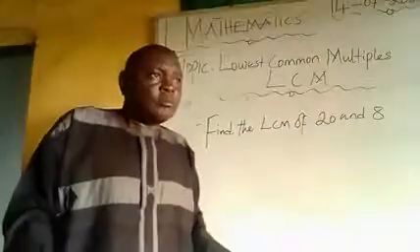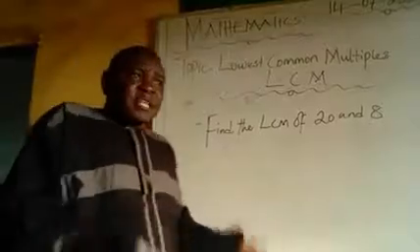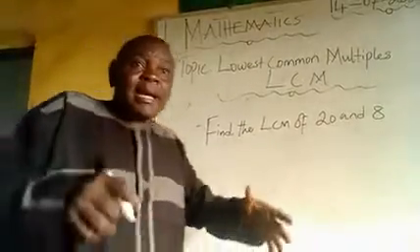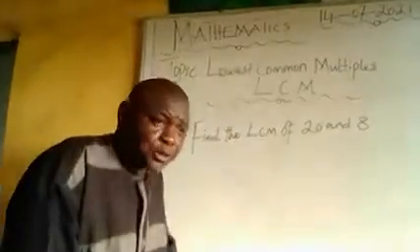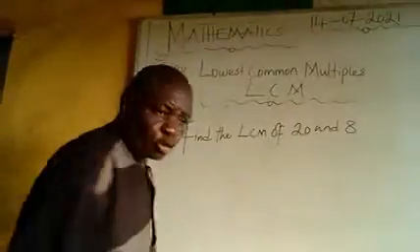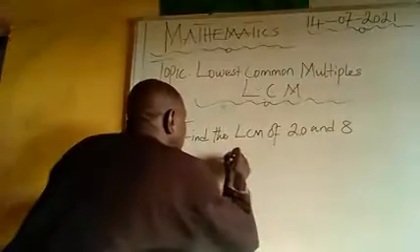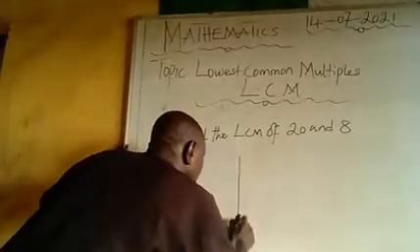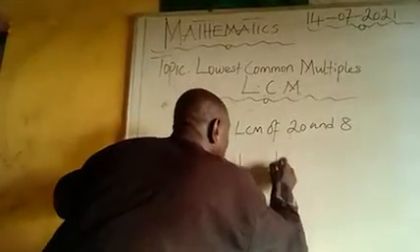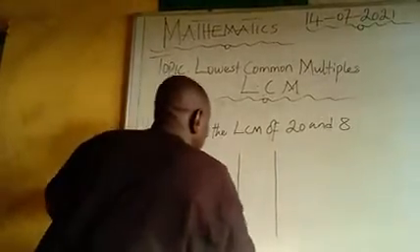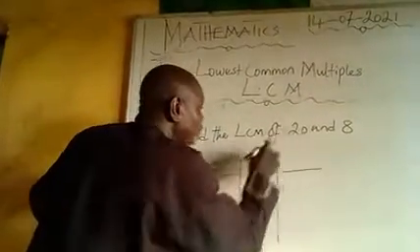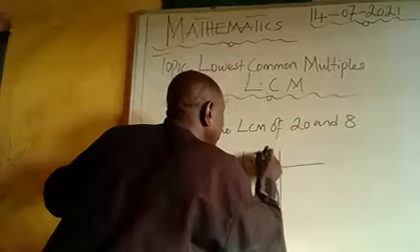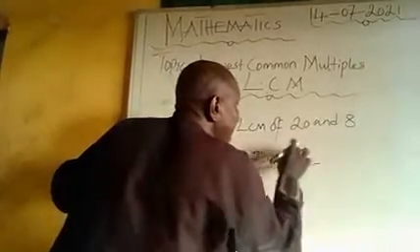When a problem is given, there must be a lasting solution. What should I do? I have to draw a table. I have to write down 20 here, and I have to write down 8 here.